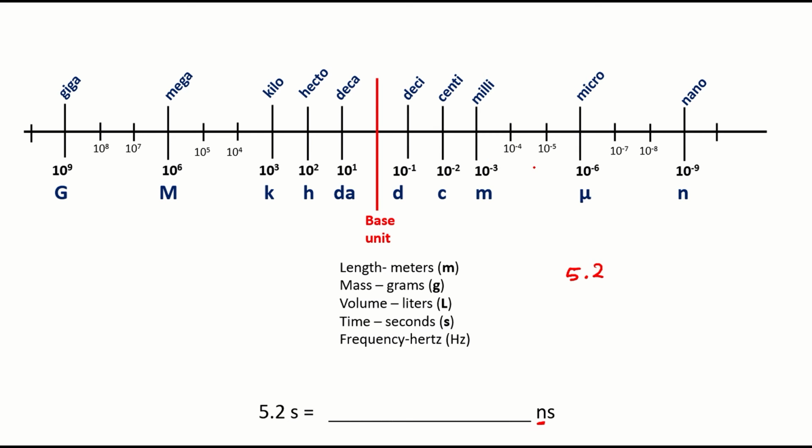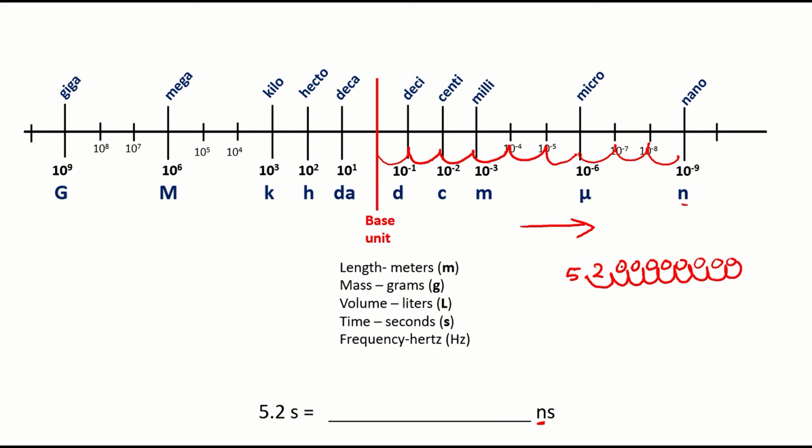So from here, find the position of nano and make the move. 1, 2, 3, 4, 5, 6, 7, 8, 9. You have to move the decimal point 9 times in that direction. 1, 2, 3, 4, 5, 6, 7, 8, 9. Put zeros into each loop. That will give you the answer.